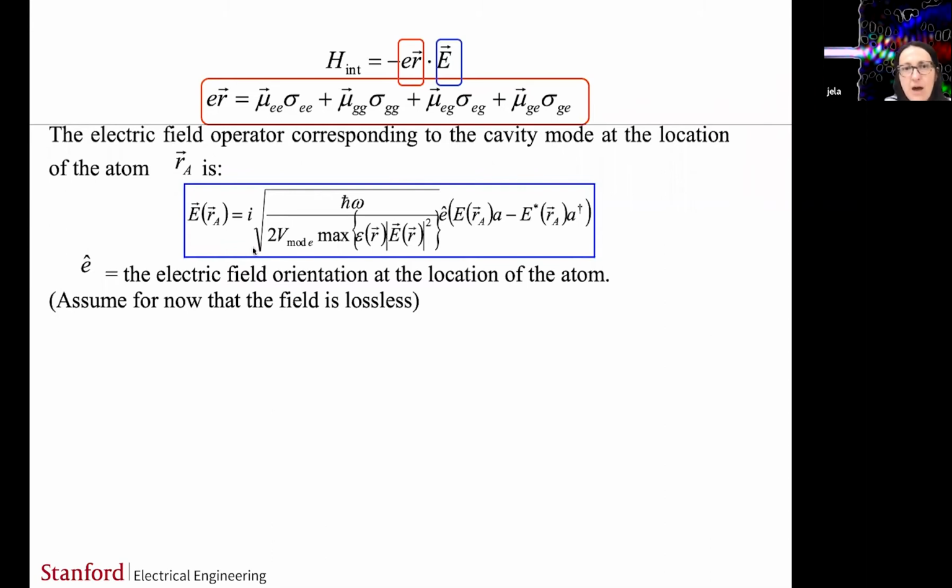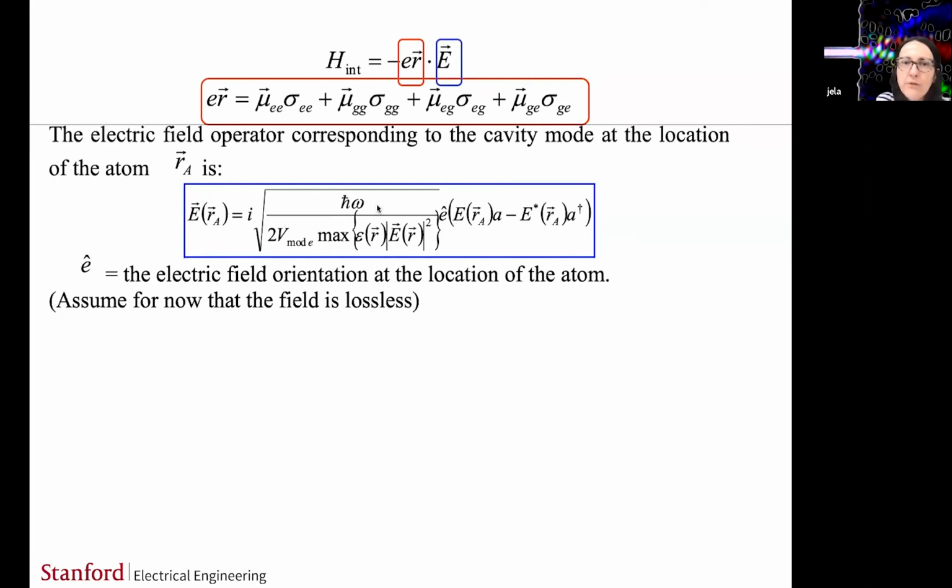So you have the mode volume, which is calculated as the normalized integral of epsilon E squared, normalized by the maximum of epsilon E squared. You also have the maximum electric field energy density, and h bar omega is just one photon of energy corresponding to the field.